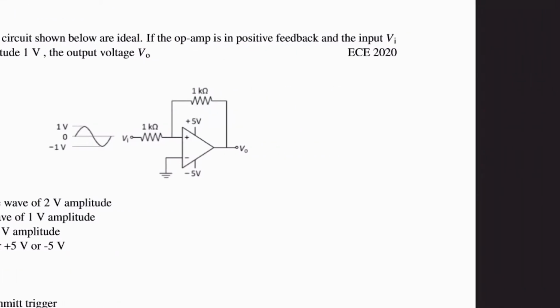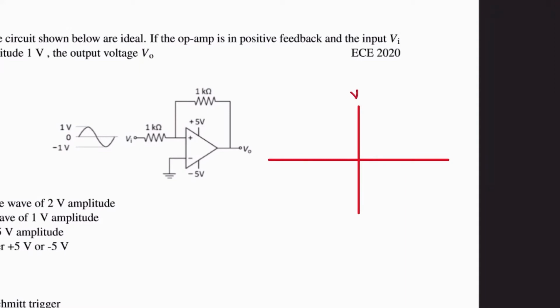So first let us review the input-output transfer characteristics of an op-amp. We know the output voltage V0 versus V plus minus V minus.